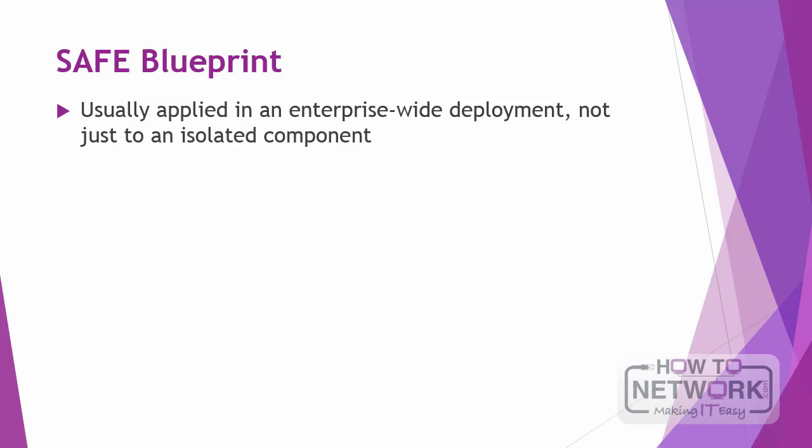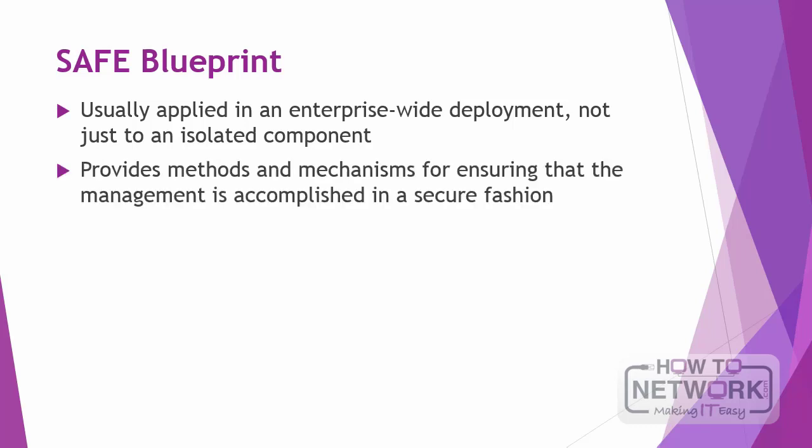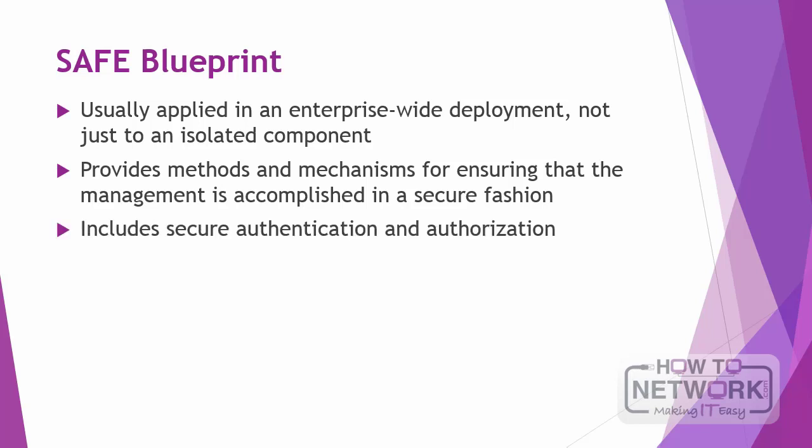The SAFE blueprint is usually applied in an enterprise-wide deployment, not just to an isolated component. It also provides methods and mechanisms for ensuring that the reporting, management, and auditing are accomplished in a secure fashion. It includes secure authentication and authorization with strong encryption and digital signing techniques, including public key infrastructure, PKI.